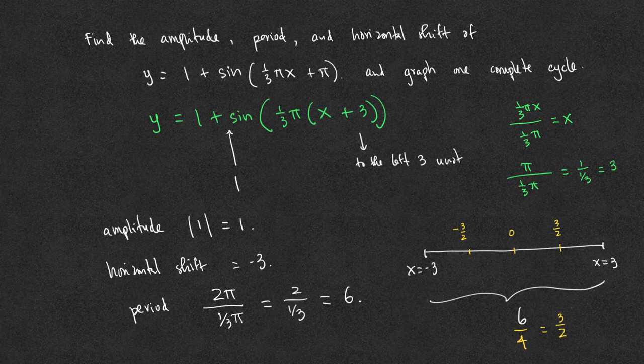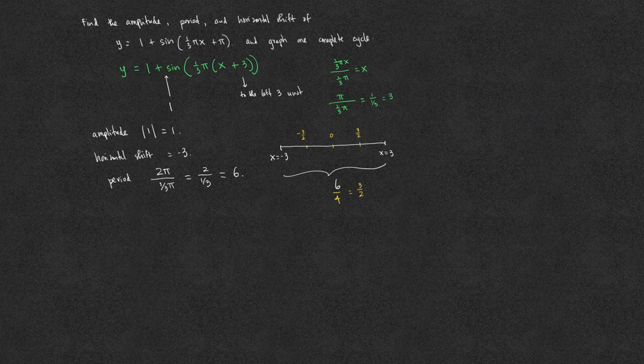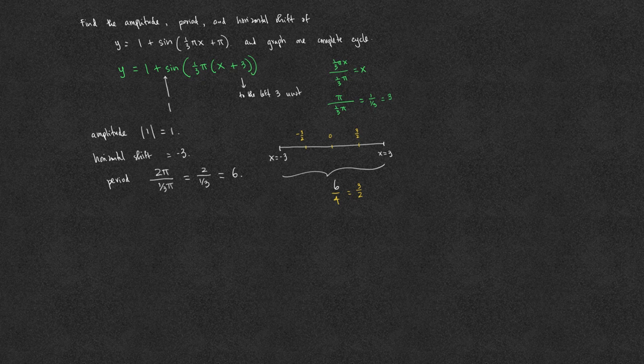And so always divide the period by 4 and add the length of each subinterval each time. These are the 5 x values that we will use to evaluate the function to end up with the 5 points. Once we have the 5 points, we will sketch the graph of the given function. If we follow this procedure, it is guaranteed that we end up with 5 nice points.